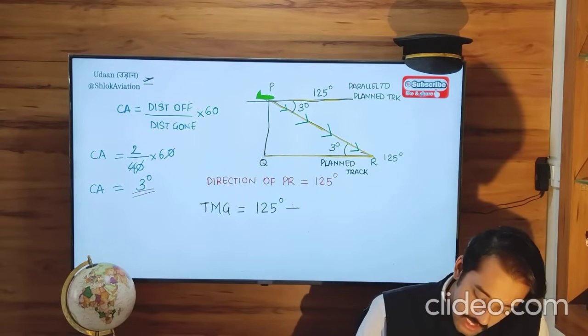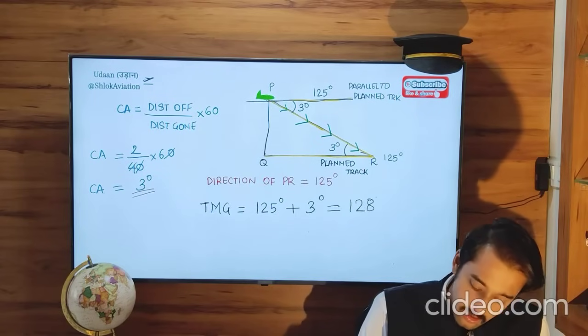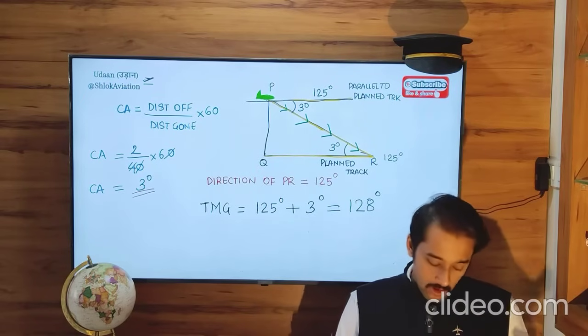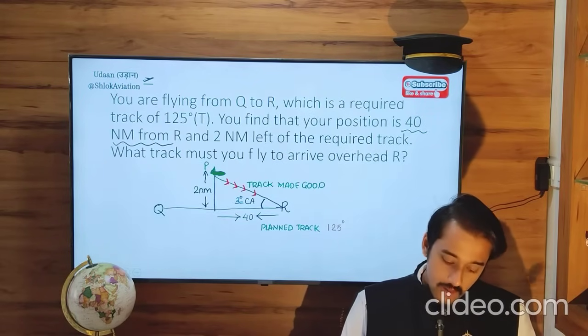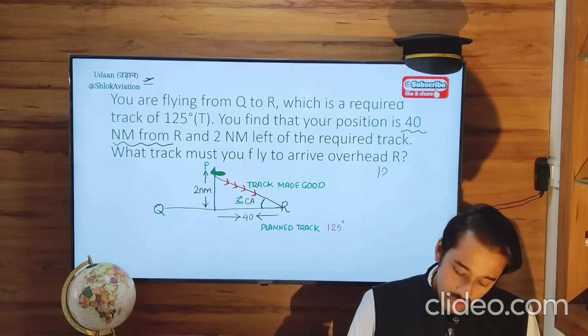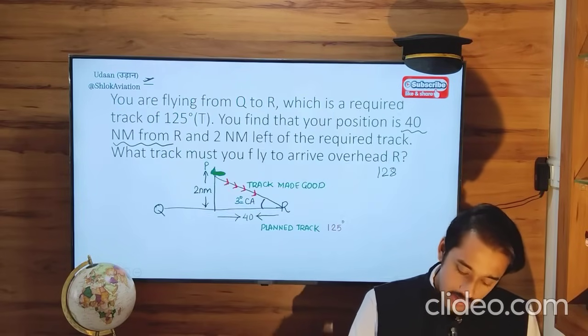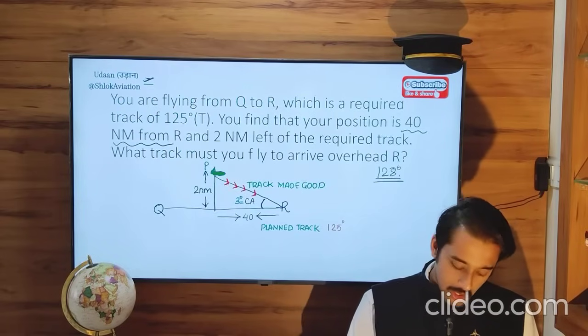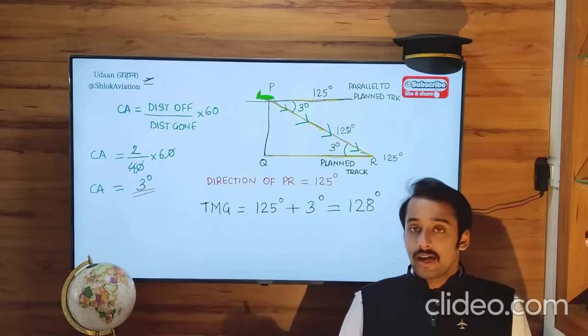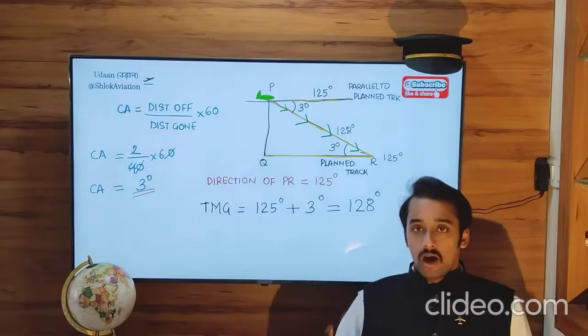So 125 degrees plus 3 degrees will be equal to 128 degrees. So the direction of your new track to arrive overhead R will be 128 degrees.